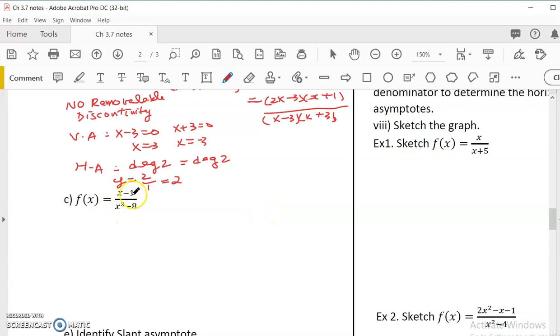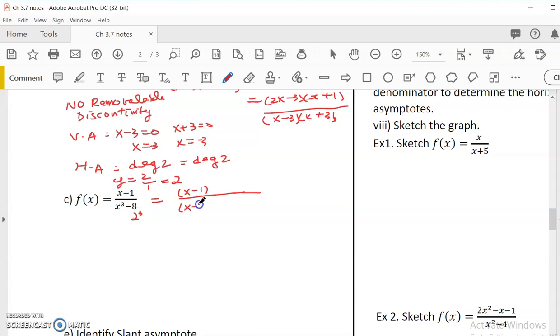Now, the third one is x minus 1 over x cubed minus 8. Let's factor it because we want to discover if there's any common factor. The top is x minus 1, but for x cubed minus 8, we know this is a difference of cubes because this is 2 cubed, right?